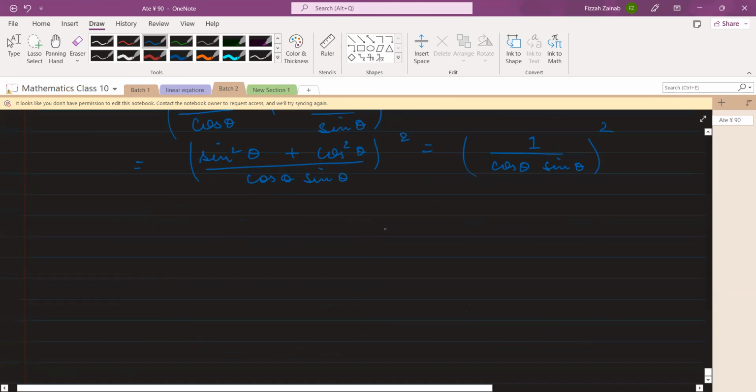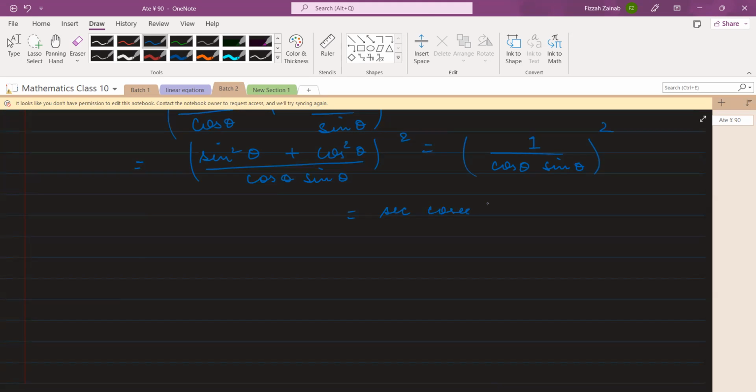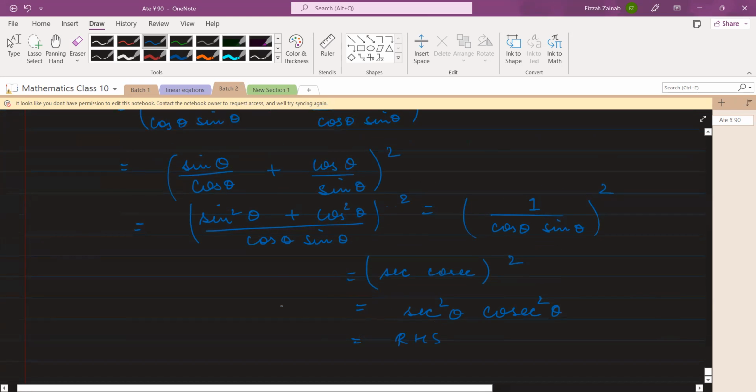And 1 upon cos is sec, and 1 upon sine is cosec, and then you have whole square. So that means it is sec square theta multiplied by cosec square theta, which is your RHS. Fine, Evan?